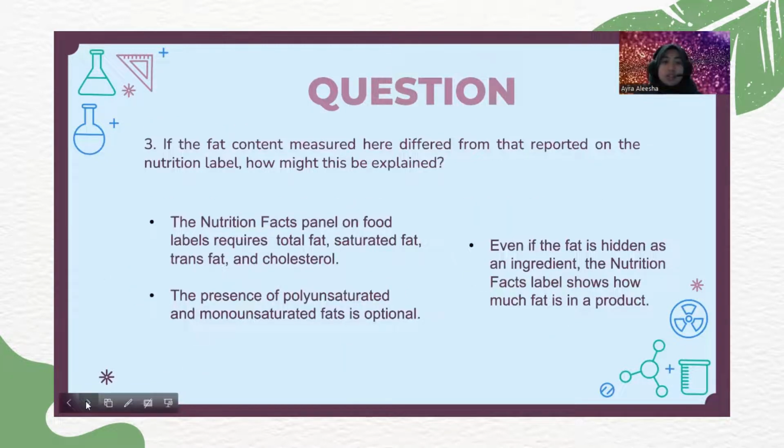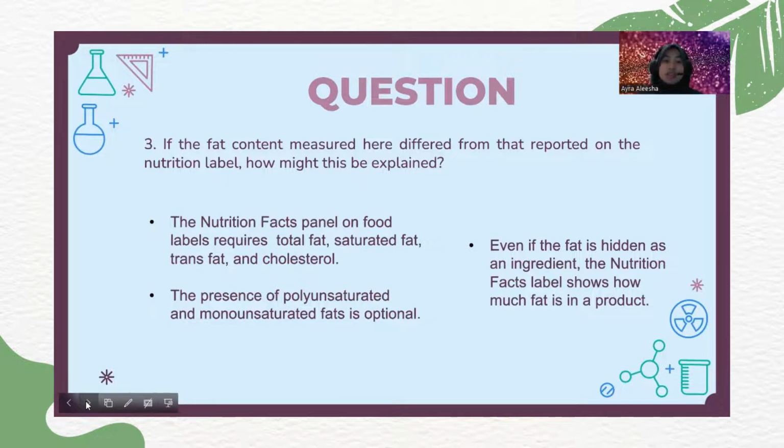Okay, the last question. If the fat content measured here differed from that reported on the nutrition label, how might this be explained? Firstly, the nutrition facts panel only requires labeling of total fat, saturated fat, trans fat, and cholesterol. Secondly, the presence of polyunsaturated and monounsaturated fats is optional.